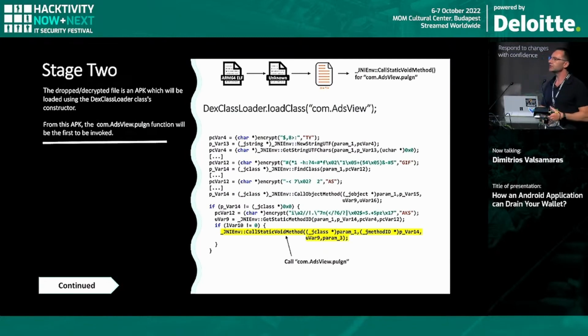So we're at stage 2, we XOR the file, and now we have a DEX file. So this DEX file is going to be loaded using the DEX class loader and loadClass with a specific class as a parameter. And finally, perform a JNI call to CallStaticVoidMethod in order to call a function which is on the Java side.